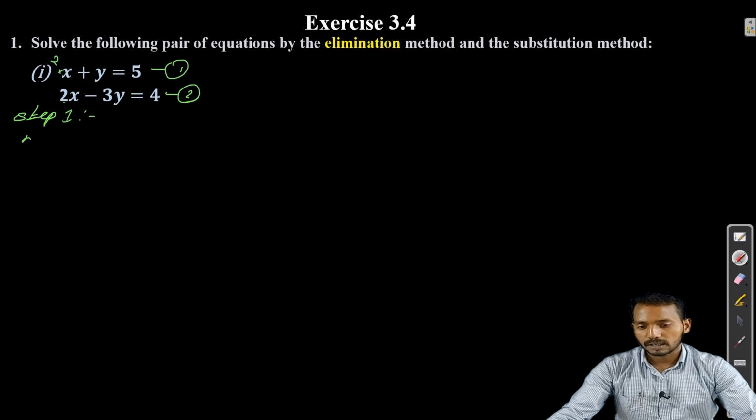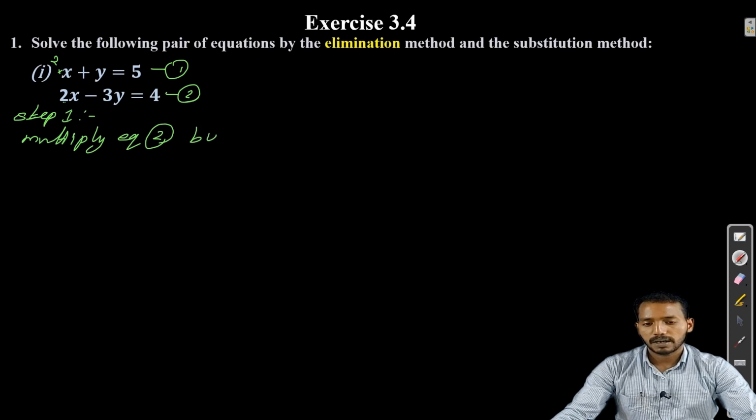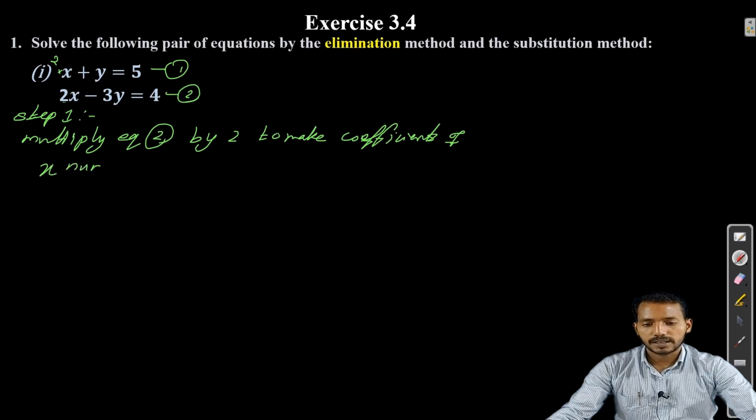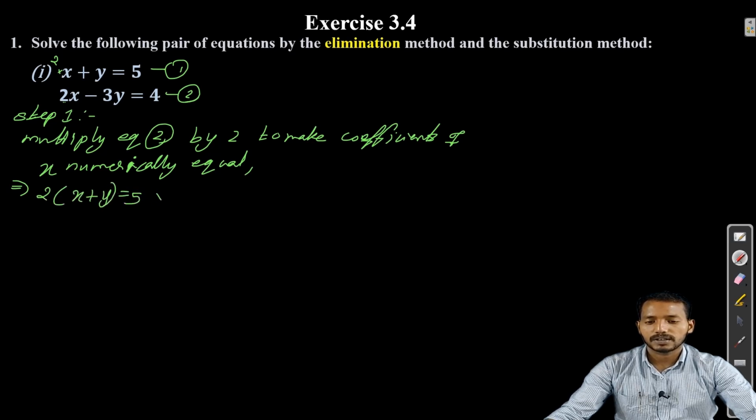Clear? So multiply equation 2 by 2 to make the coefficient of x numerically equal, so that implies we will have 2 into (x + y) is equal to 5 into 2.